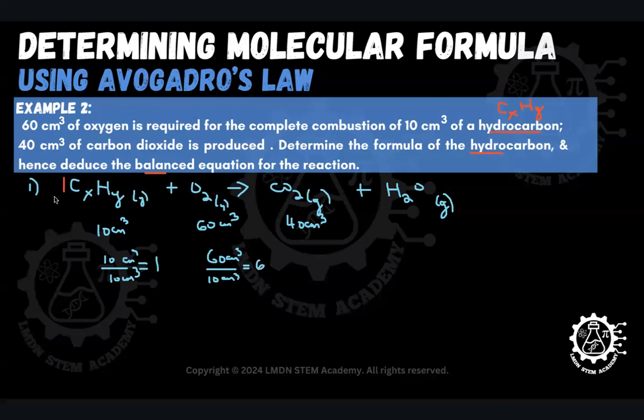So that's what we're going to put here in front of the oxygen. And then finally, for the carbon dioxide, we say 40 cm cube divided by the 10, to connect it to that one base volume. We see that here we actually have 4. So we have 4 volumes, and that's equivalent to there being 4 moles. So we put a 4 here.